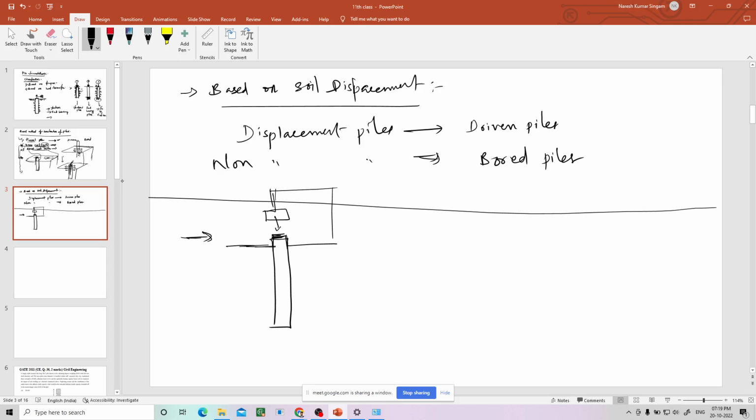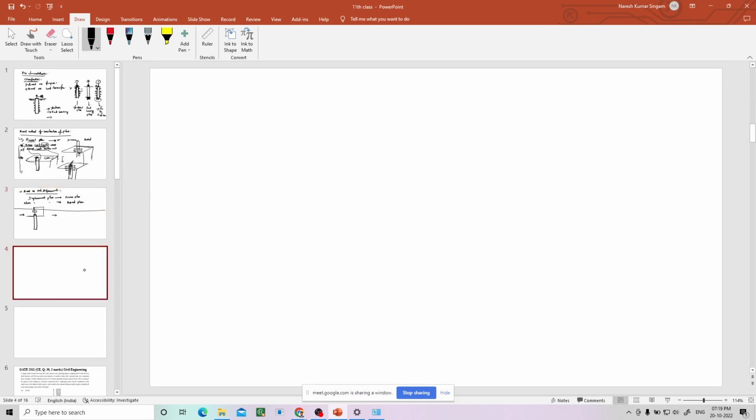There are different types of hammers, single acting steam hammer, double acting steam hammer, and diesel hammer. All those are used for pile driving. And the next main thing we should talk about is the capacity of the piles.